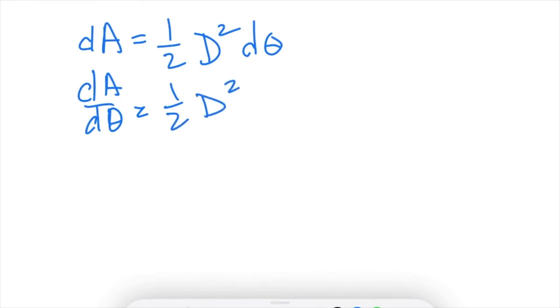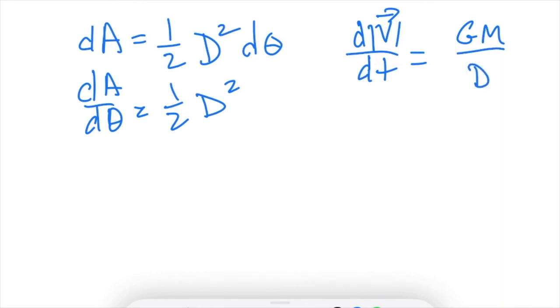But remember, we also know that dv/dt equals GM over d squared. We showed that earlier. And now we can combine these two equations and work a little bit more math magic.